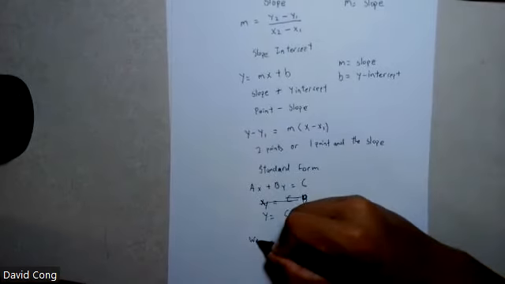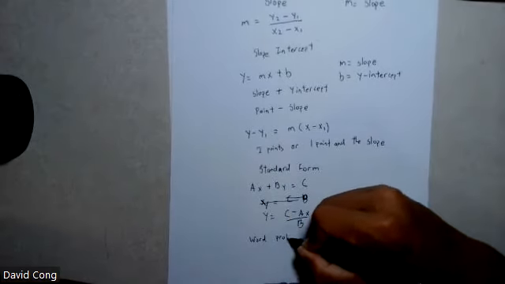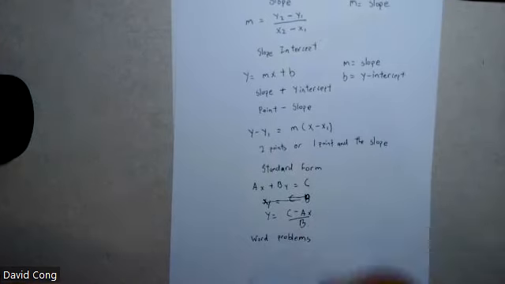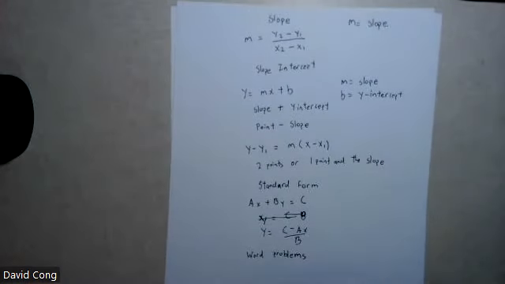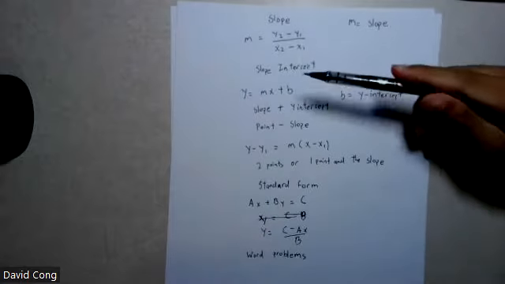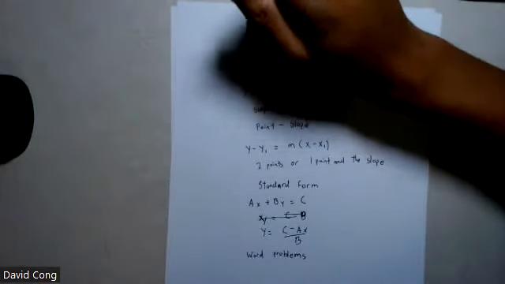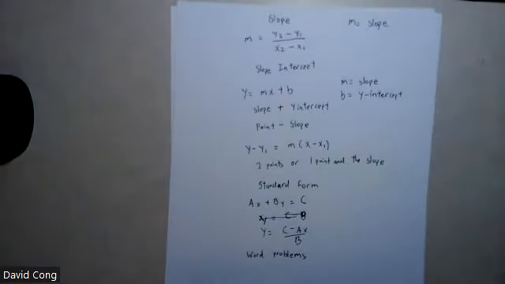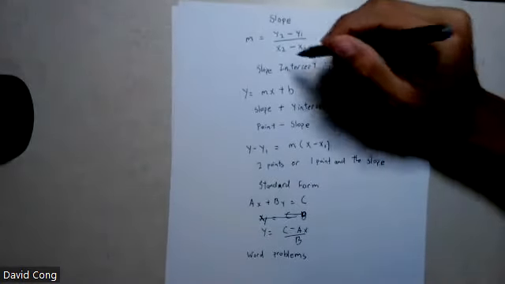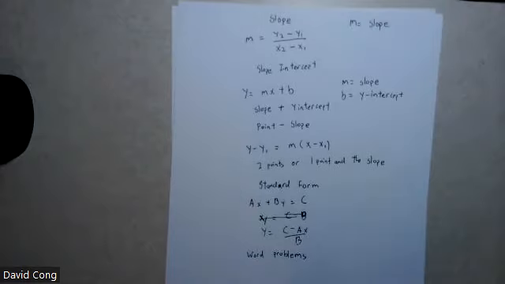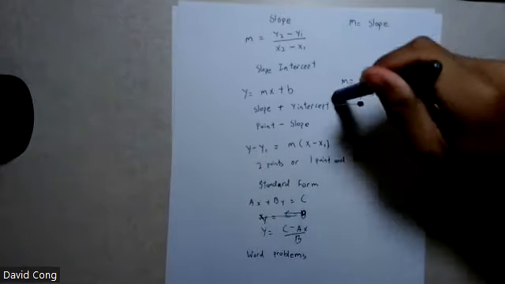And we use this for word problems most commonly. So we have these. So this is like calculating slope. We use the y equals mx. This is slope intercept. Slope, we have slope is equal to the y coordinate of the second point minus the first point, over the x coordinate of the second point minus the first point. And then these are the formulas.